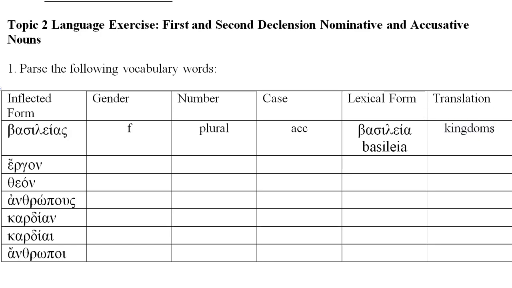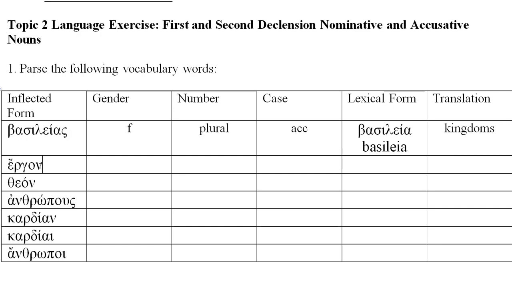Notice the translation is not kingdom, it's kingdoms. You have to translate based on the case and the number. In this case, it's accusative, so it would be something like, the Lord has established the kingdoms. The direct object of a sentence would be kingdoms.